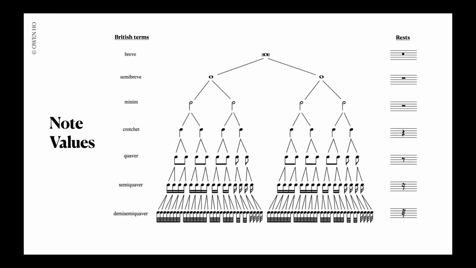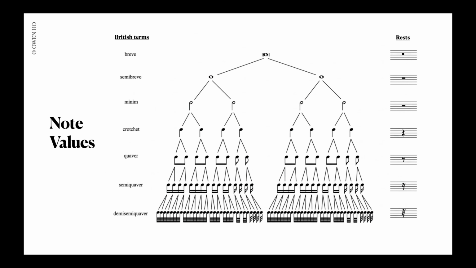And the remaining ones, that is the quaver, semiquaver, and demi-semiquaver rests, they all have a similar shape, except that the number of tails corresponds to the number of tails in the actual note. For example, in the quaver rest, you have 1 tail, which corresponds to the 1 tail in the quaver note, and so on for the semiquaver rest, which has 2 tails, and the demi-semiquaver rest, which has 3 tails.